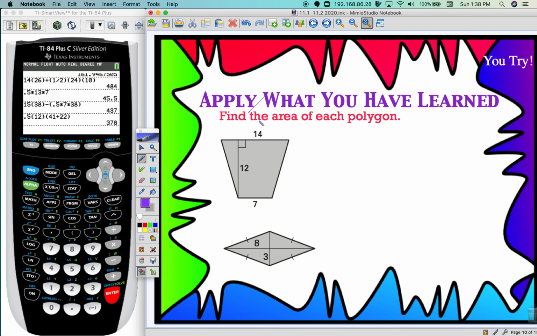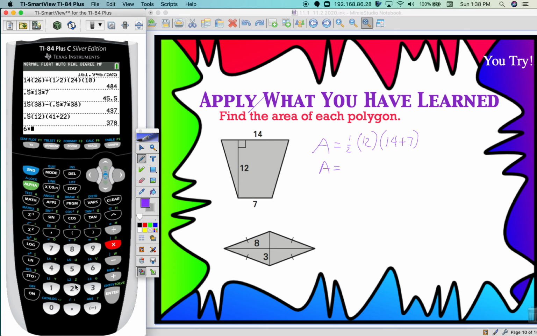All right, for this one, 1/2 of the height times the sum of the bases. So I'm going to do a little bit of that in my head. That's going to be 6 times 21, or 126.